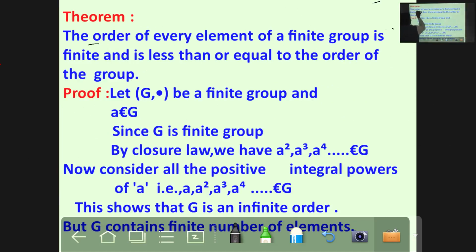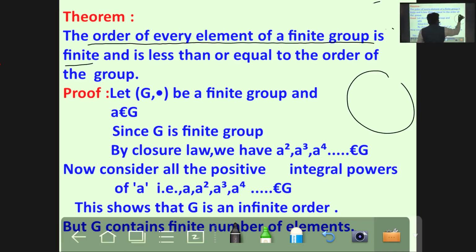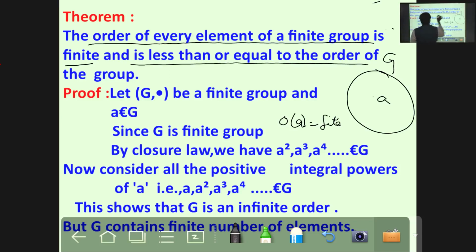The order of every element of a finite group is finite. That is, suppose this is G and this is a. We show that the order of a is finite, and also that the order of a is less than or equal to the order of G. That is the theorem.